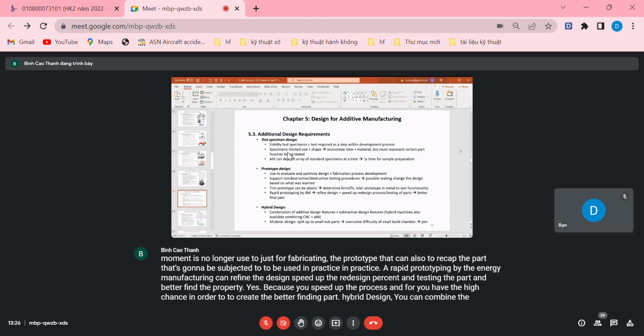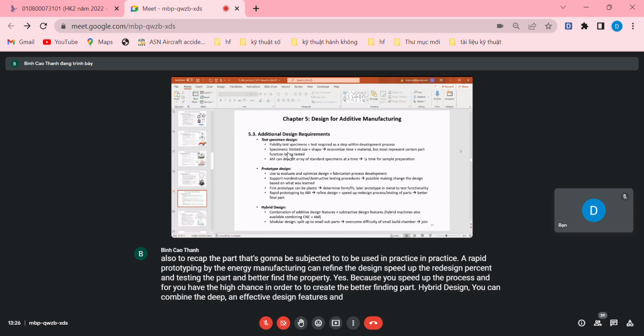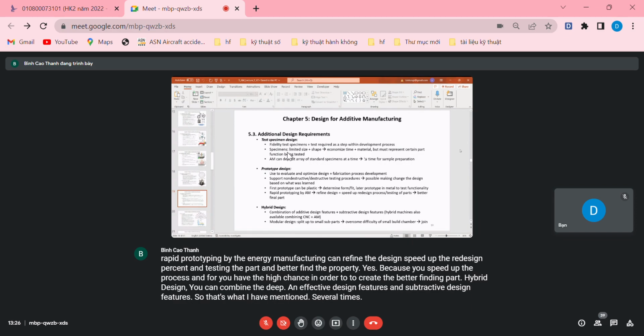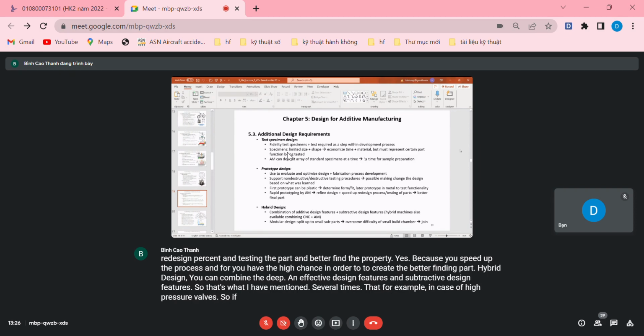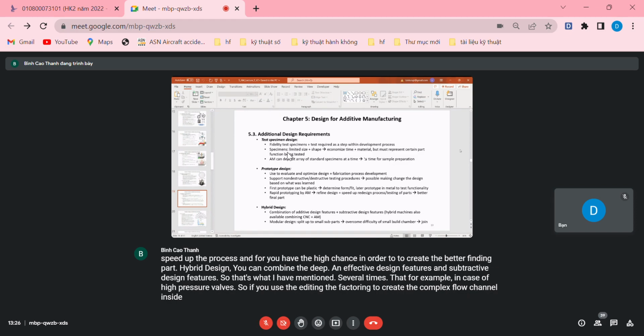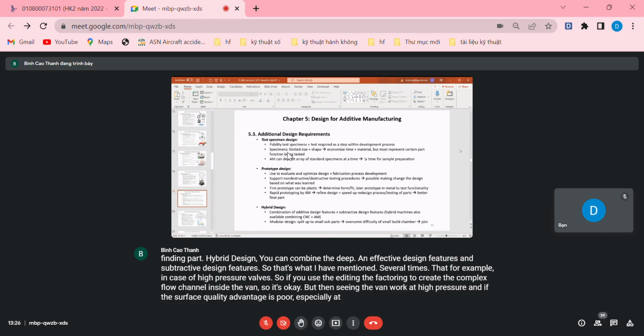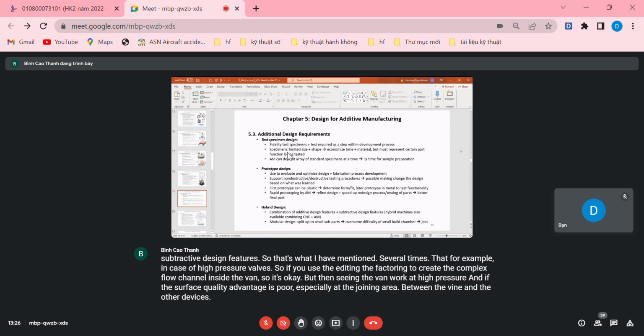Hybrid design, you can combine the additive design features and subtractive design features. So that's what I have mentioned several times. For example, in case of high pressure valves, if you use additive manufacturing to create the complex flow channel inside the valve, it's okay. But since the valve works at high pressure, if the surface quality of the valve is poor, especially at the joining area between the valve and the other devices, you have leakage.